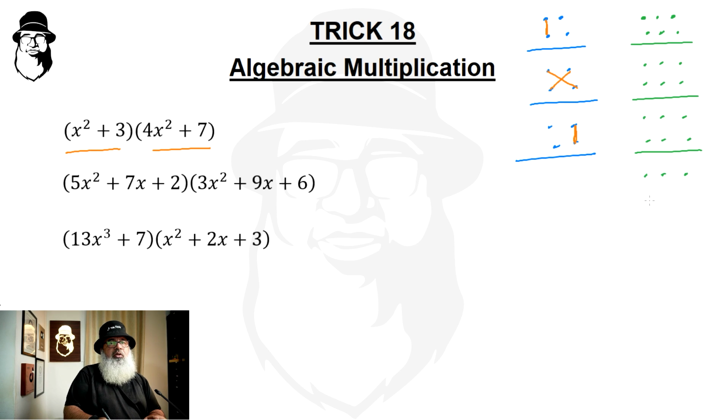So 2 terms by 2 terms, it was only 3 steps, and 3 terms by 3 terms, we have 5 steps. And let me show you what the steps are. 1, 2, 3, 4, 5. Okay, the first step is this column, right? Then the second step is we cross multiply and add like the one here.